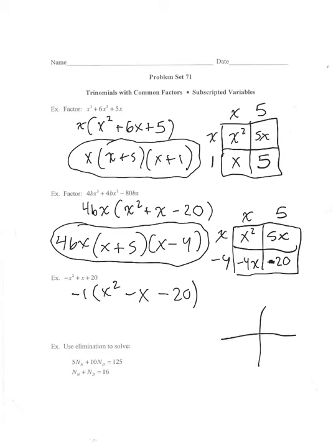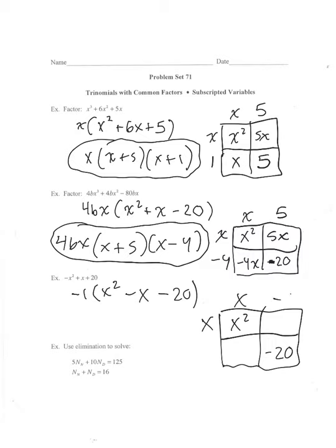So again, I'll go to my little box here, and I know that when I multiply the first terms together, I'm going to get an x squared. I know when I multiply my last terms, I'm going to get a negative 20. So I got an x and an x. Okay, so this looks kind of familiar, except now when we add them together, we need a negative 1 instead of a positive 1.